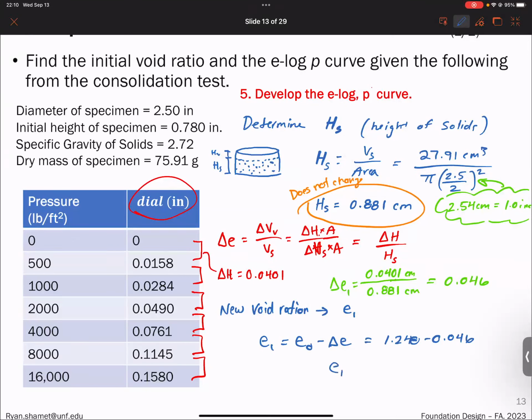And so our new void ratio will be 1.202. So essentially what we're saying here, if we're looking at Cartesian points of our plot, is the x-axis would equal 500 PSF, and our y would equal our void ratio of 1.02. And then you would do this all the way for each one of the x values.